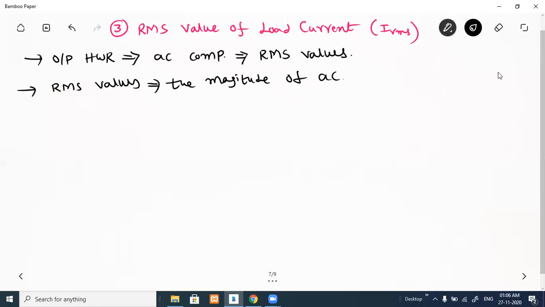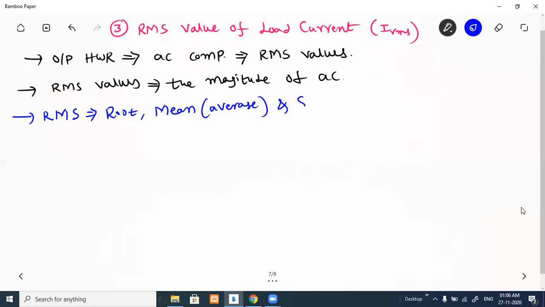So RMS means root, mean, and square. Mean means average.